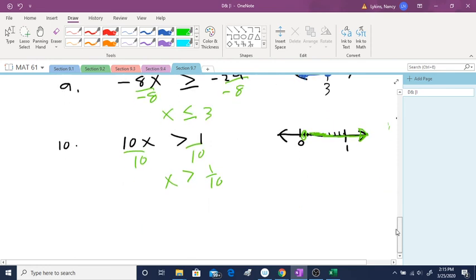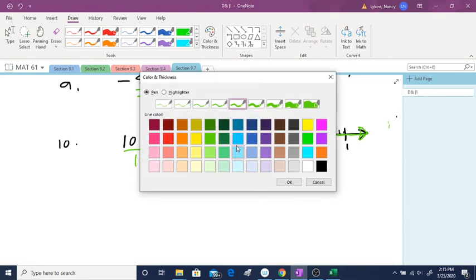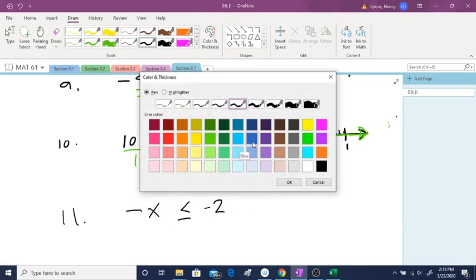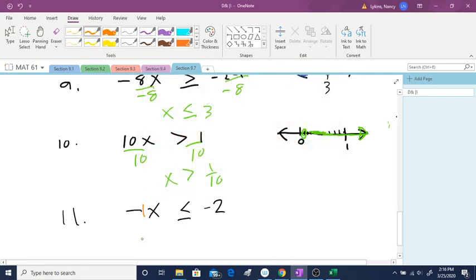Now I'm going to throw in a bonus one that I just thought about as I was explaining these. What happens if you have this right here? Well, my rule of thumb is this. We treat that negative as a -1.